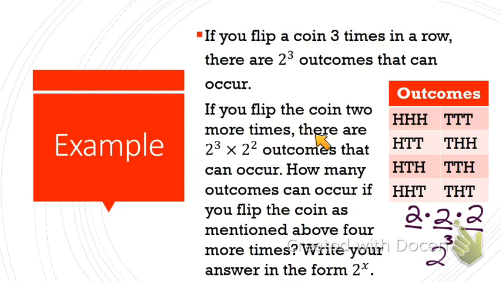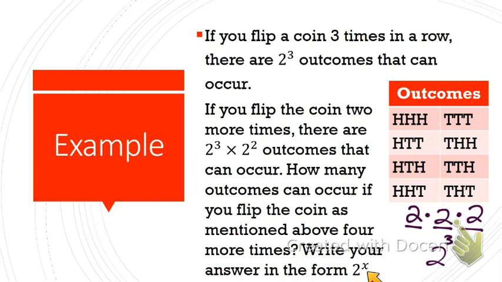So let's say we flip the coin 2 more times. Then that means you're going to have that same 2 to the 3rd times, well, wait, if you flip it 2 more times, that's like 2 to the 2nd power. How many outcomes can occur if you flip the coin, as mentioned above, 4 more times? So let's say we not only flip it 5 times, but we flip it 4 more times.